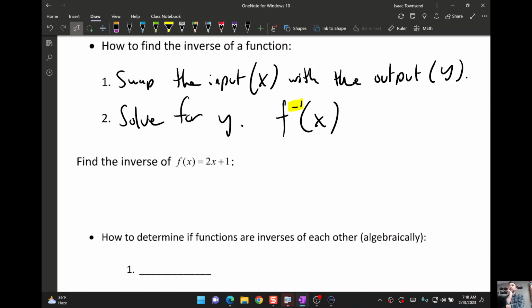Okay, so an example of that, if I wanted to know the inverse of y equals 2x plus 1: step 1, swap the input and the output. Step 2, solve for y. So undo plus 1, undo times 2.